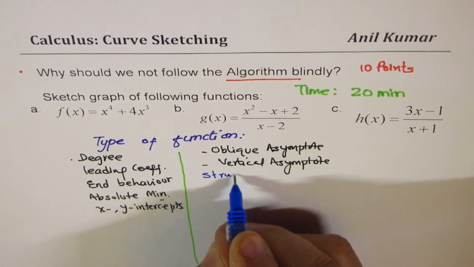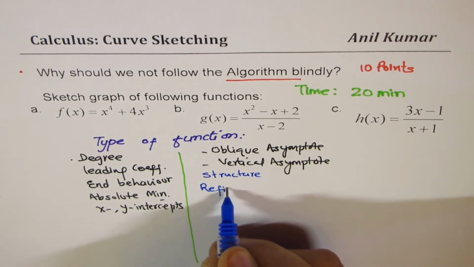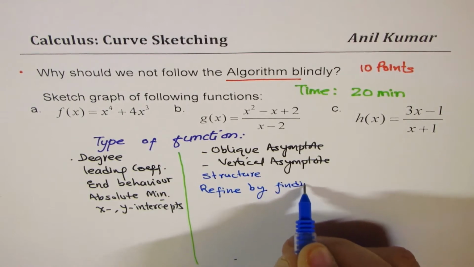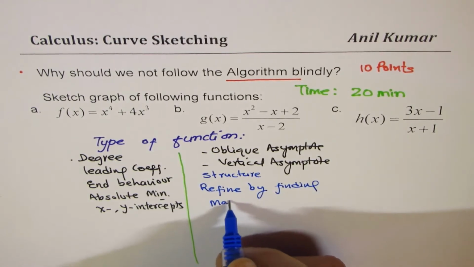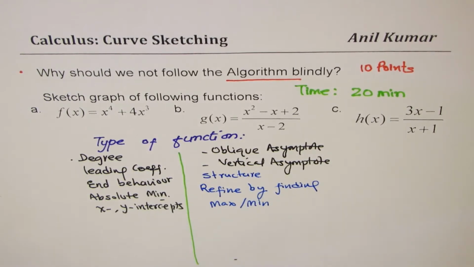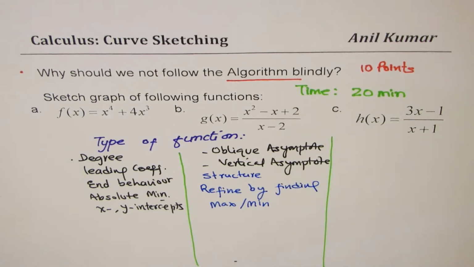So this gives you a structure. And now you can refine by finding maximums and the minimums. Do you understand? So that gives you kind of a strategy, and if you work with a strategy, you can efficiently sketch very accurate graphs. That is the idea. So I hope you understand what I'm trying to say.